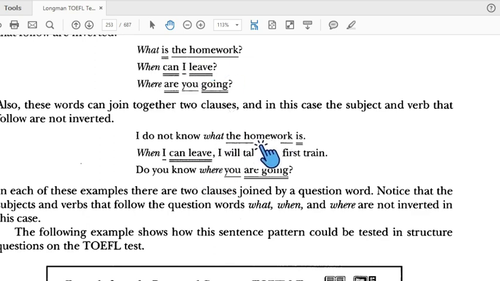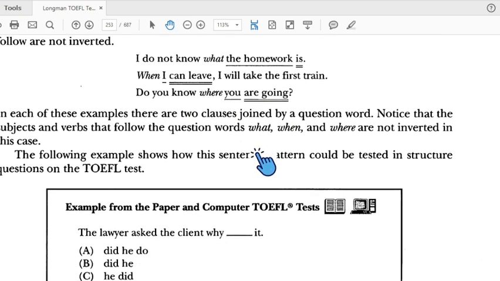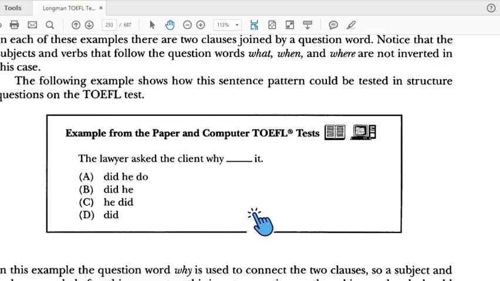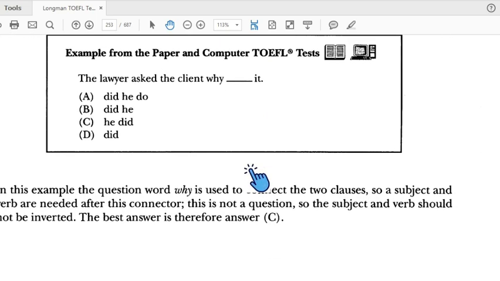But this one is subject and then be. Okay, we can look at the example. The lawyer asked the client why.